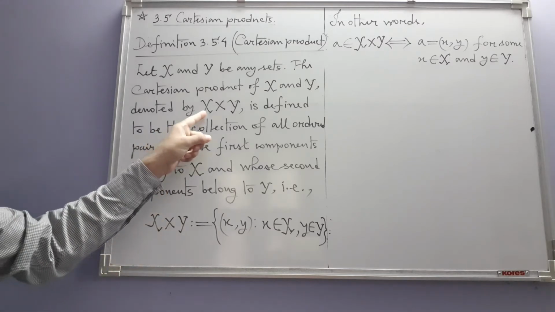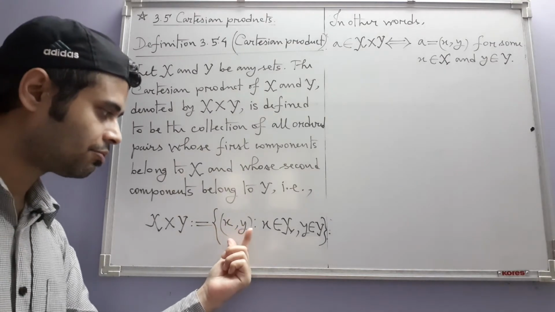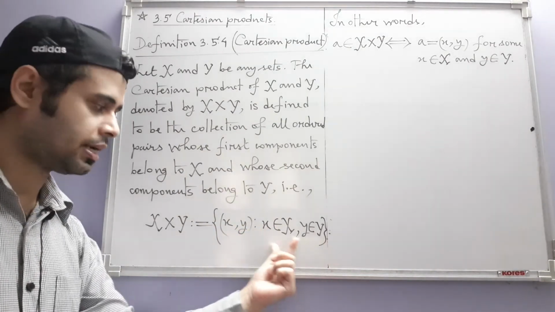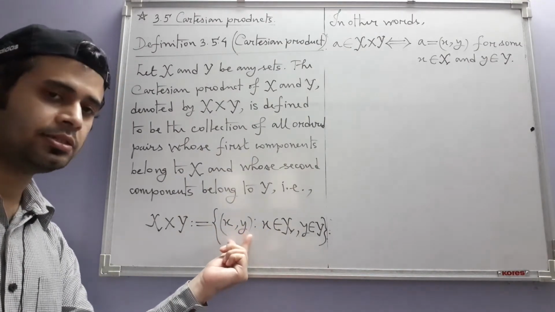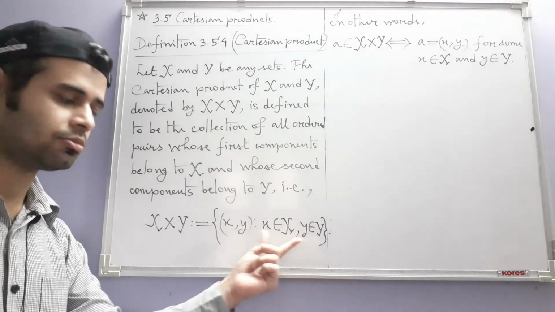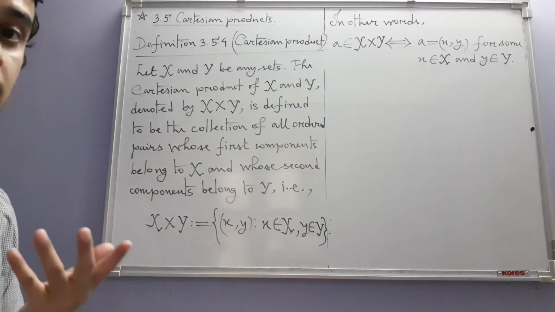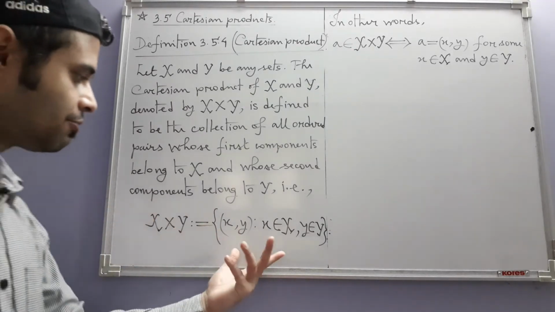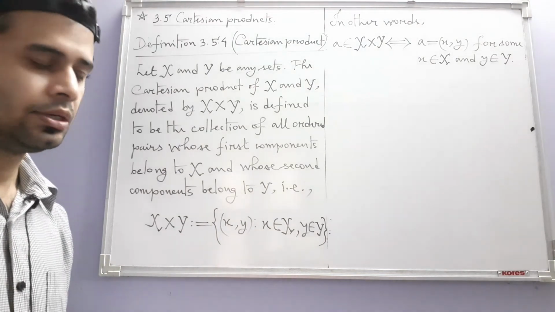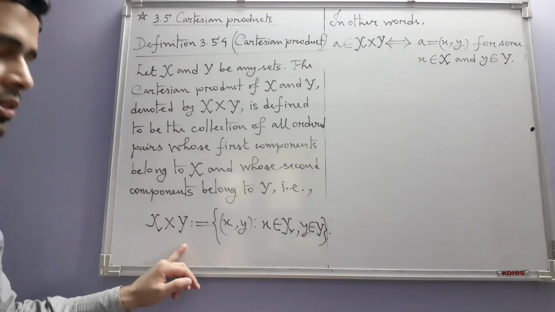Merely saying that for given two sets X and Y, the collection of ordered pairs that can be formed from them in this way, so that the first coordinates come from X and the second coordinates come from Y, does not guarantee that this collection is a set. As of now, it's just a collection, but we have to be able to say that it's a set.